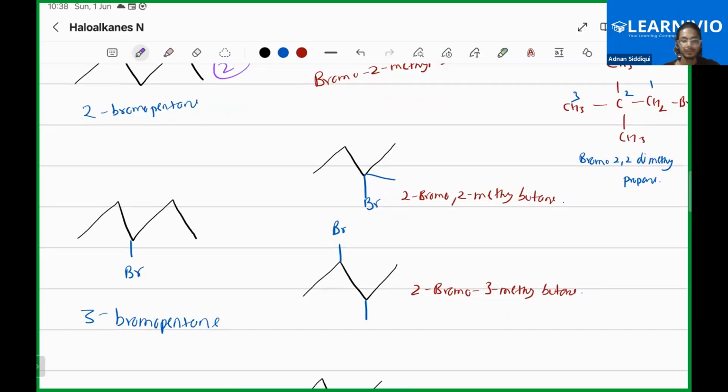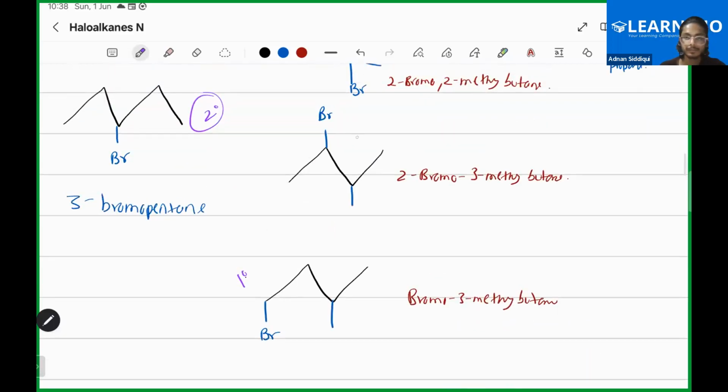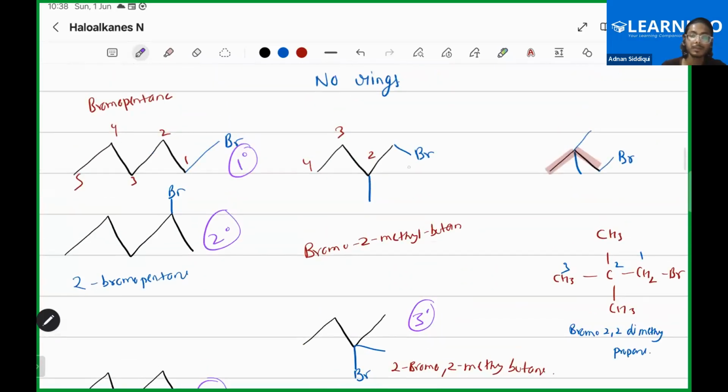2 degree. 2 degree. Good. Okay, what about this one? 1 degree. Okay. This, 2 degree. This one, 3 degree. Good. This one, 1 degree, right? Yes, sir.